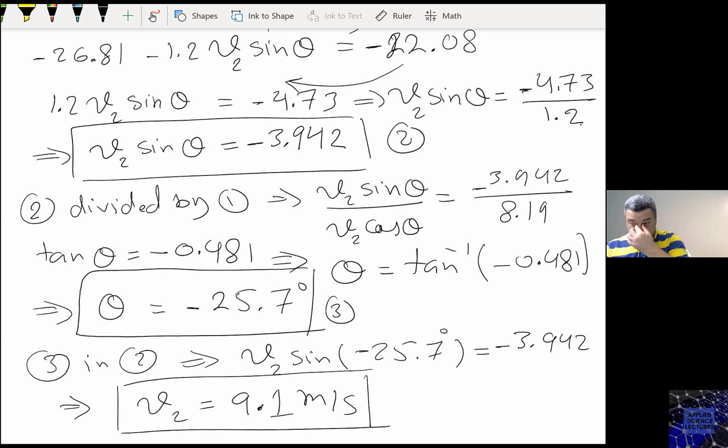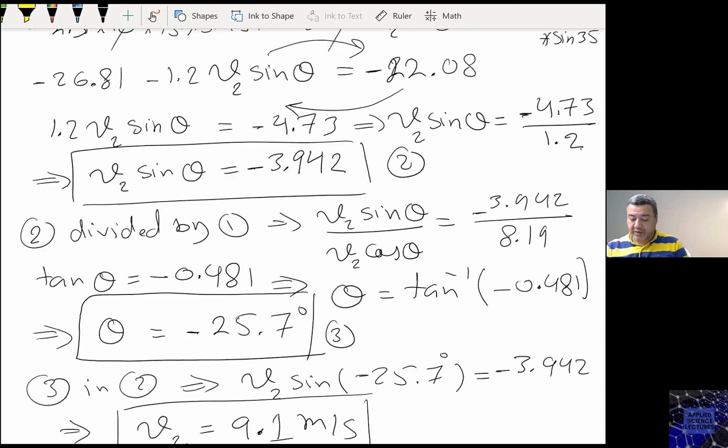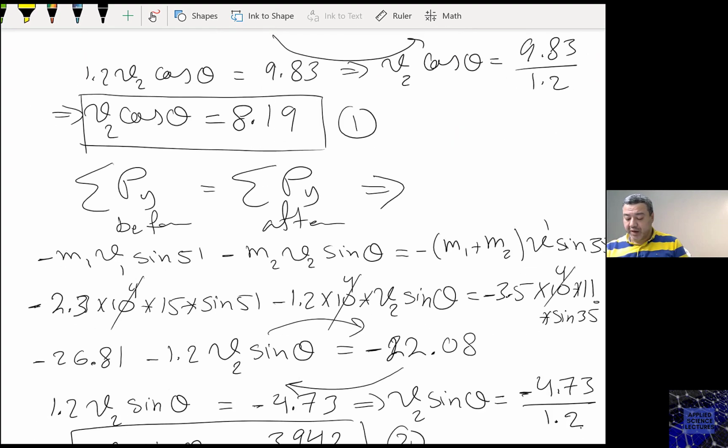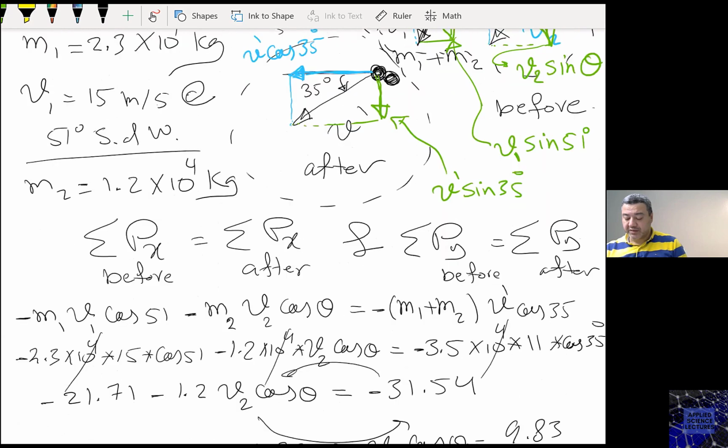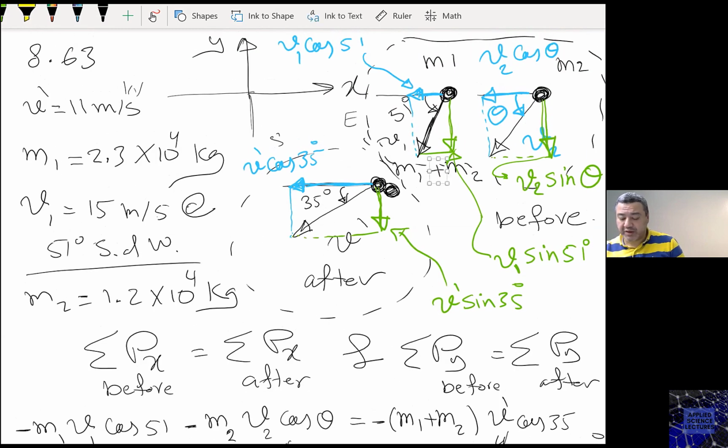Now it's very important to know what minus 25.7 means here. If you go back to the diagram we drew, you can see that we assumed theta positive going this way from the west to the south. Now I have negative, so it will be going the other way.